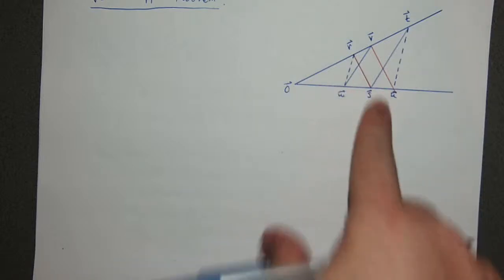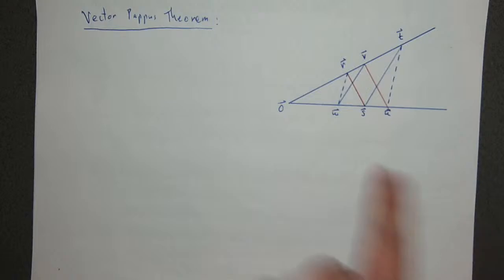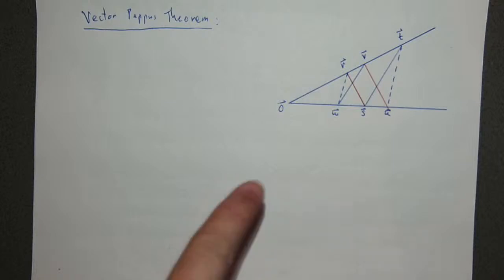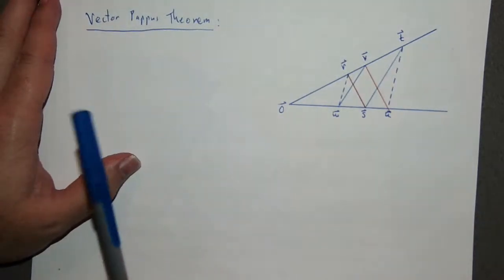So this is the vector Pappus configuration. If I blew this up a little bit so you could see it, sometimes this is called the Pappus hexagon theorem. That was also true of the Pappus theorem that you proved as part of your first homework. So vector Pappus theorem, what is this?